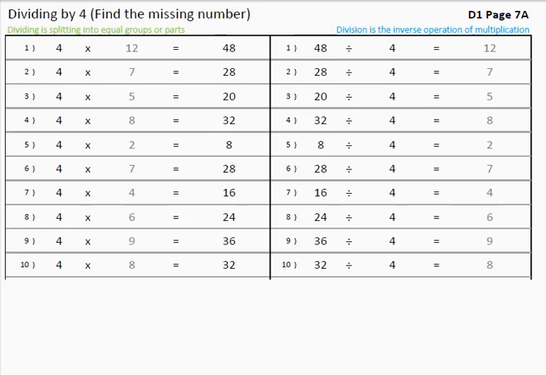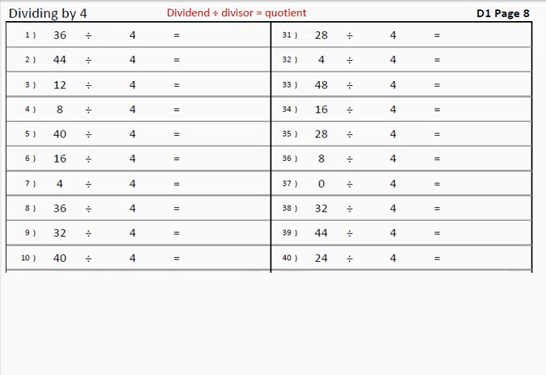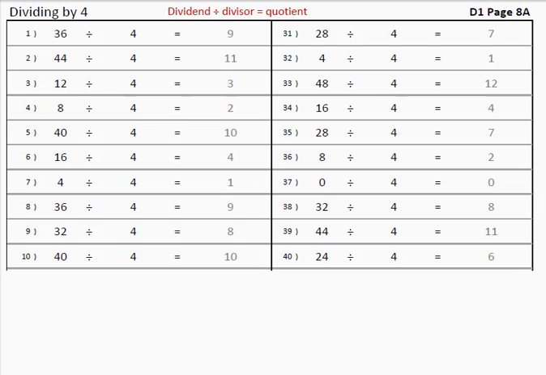Pause the video and check it. Now we are going to put the 4s together. There is going to be no pattern here. So it's your turn. Pause the video. Now there's the answers. Pause the video and check your answers.